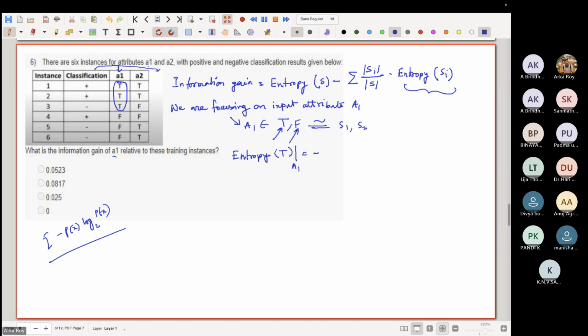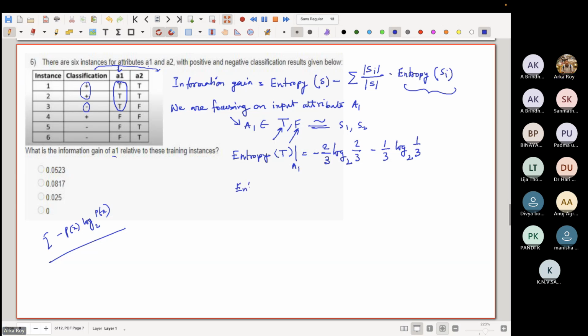Out of 3, there are 2 positive cases and 1 negative case. Starting with the positive samples, the probability is 2 by 3 into log 2 of 2 by 3, minus, for the negative class, 1 divided by 3 log 2 of 1 upon 3.